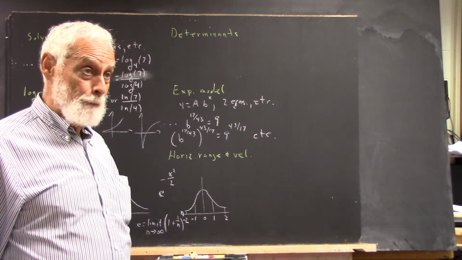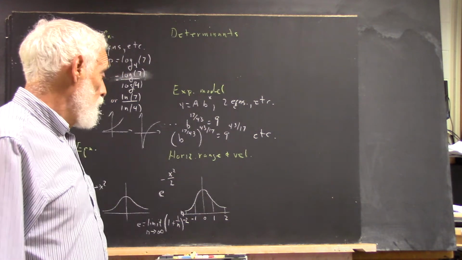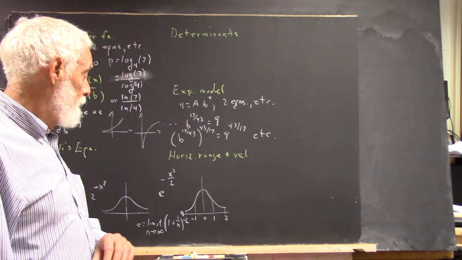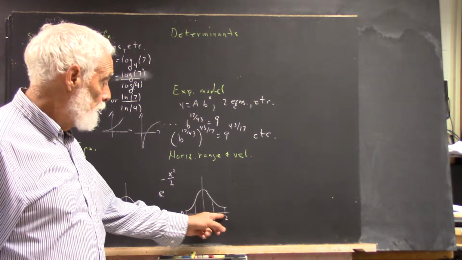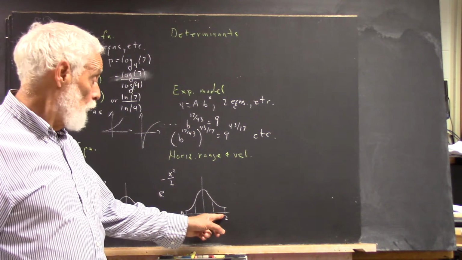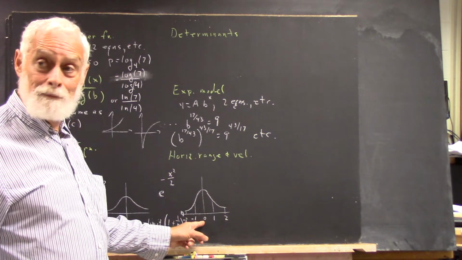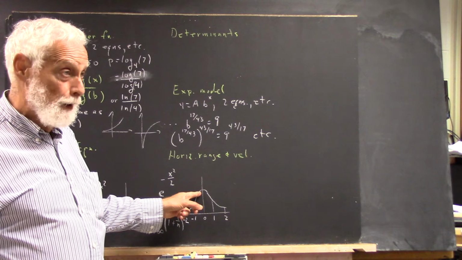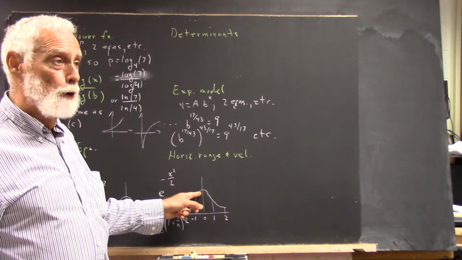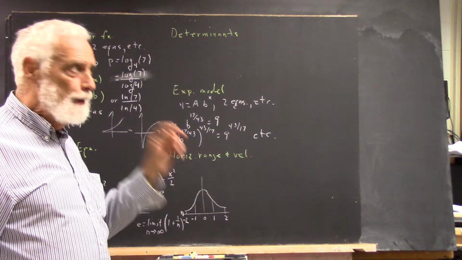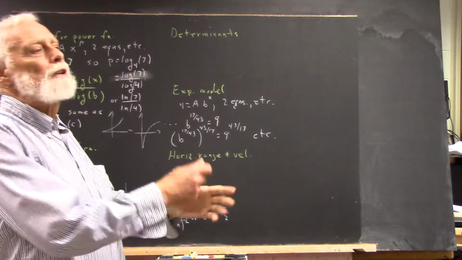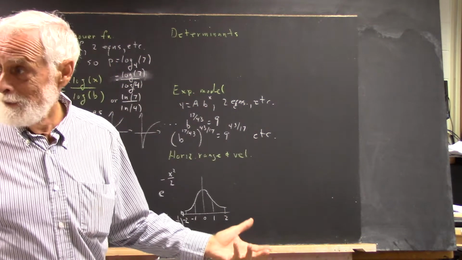Okay? Well, the probability of being this far from the target is lower than the probability of being close to the target, right? Yeah. Okay? At least if your mean, if you're as likely to be to the right as you are to the left.